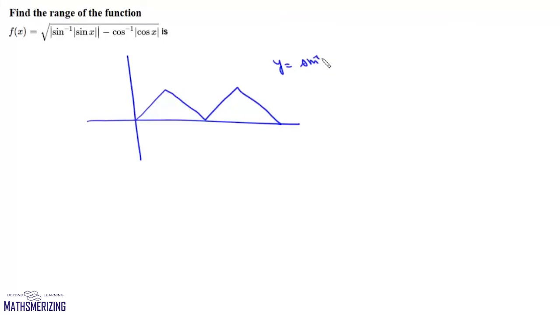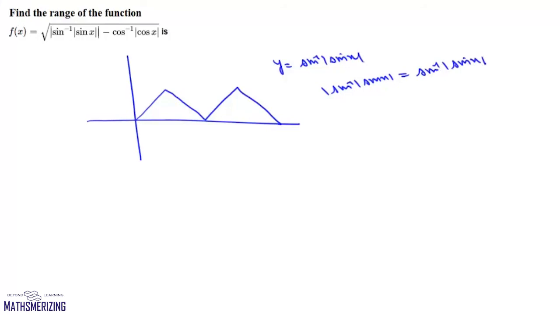Find the range of the function square root of mod of sin inverse of mod sin x minus cos inverse of mod cos x. Now we'll recall the graph of sin inverse of mod sin x and cos inverse of mod cos x. This is the graph for y equals sin inverse of mod sin x, and since sin inverse of mod sin x is greater than or equal to 0, graph of mod of sin inverse of mod sin x will be same as graph of sin inverse of mod sin x.